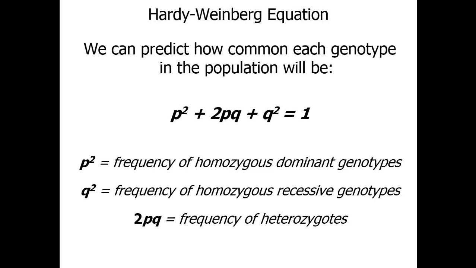If you consider that P, again, is the dominant allele, P squared is going to be the homozygous dominant genotypes, like big A, or big S. 2PQ, because it's got one of each of those alleles, is going to be your heterozygous individuals, and then the Q squared is going to be the frequency of the homozygous recessive genotypes, like the little a kind of genotypes.